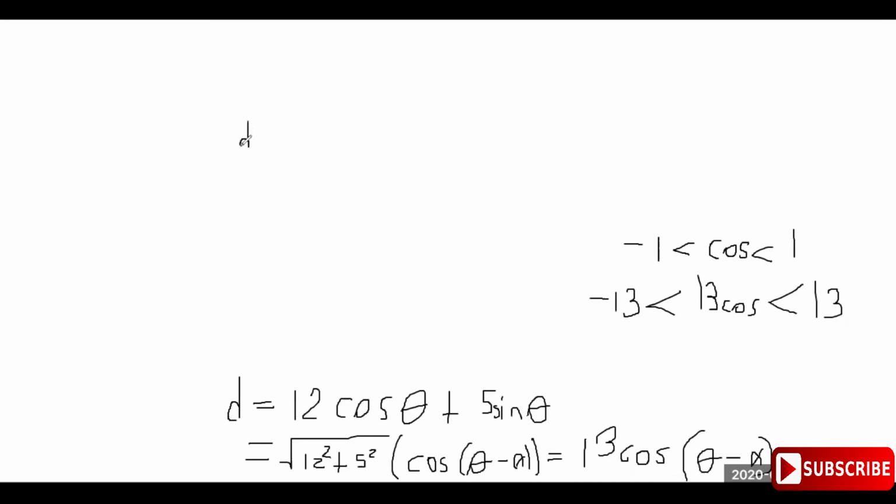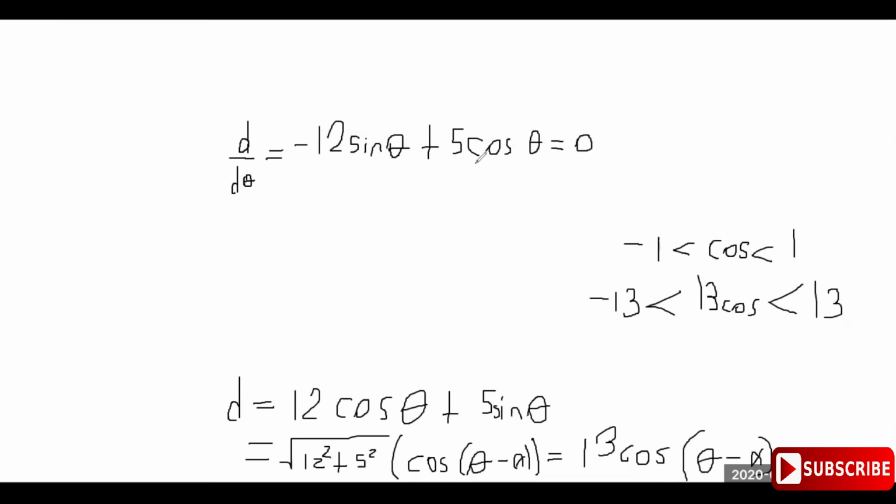So we have d, and when you differentiate, you find dD by d theta. Differentiating cos, we get minus sine, so we get minus 12 sine theta, and differentiating sine, we get cos, plus 5 cos theta, and that's equal to 0.